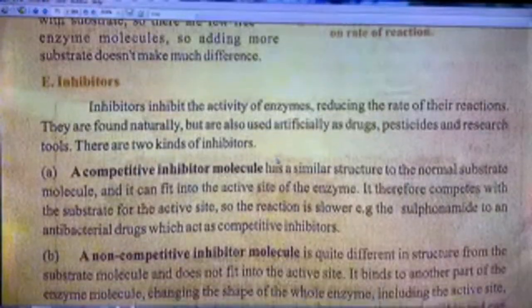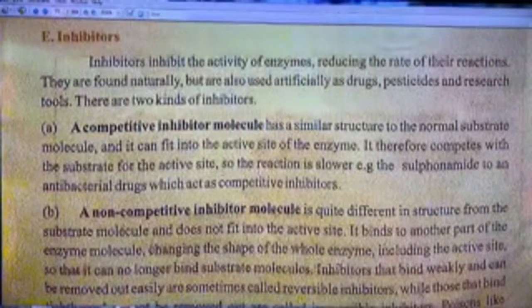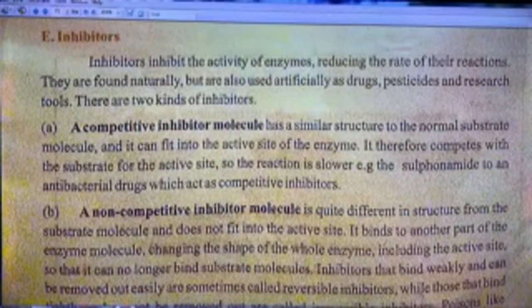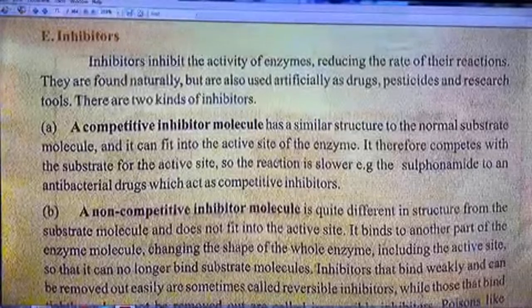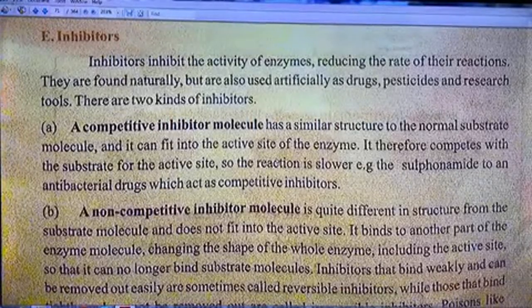Inhibitors. Inhibitors inhibit the activity of enzymes, reducing the rate of their reaction. They are found naturally, but are also used artificially as drugs, pesticides, and research tools. There are two kinds of inhibitors.